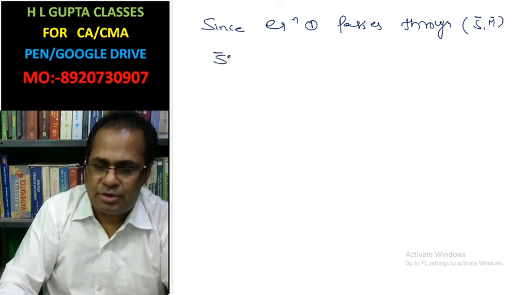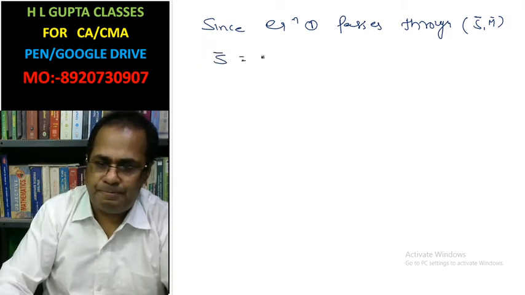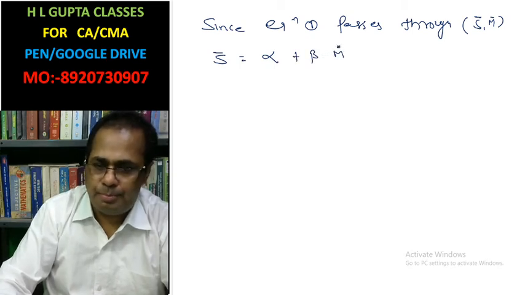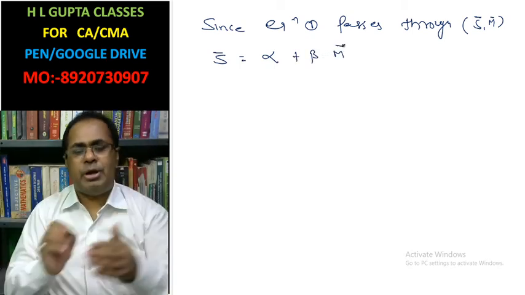Then the average security return equals alpha plus beta times average market return.